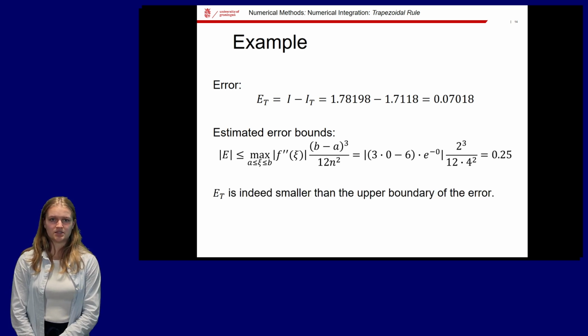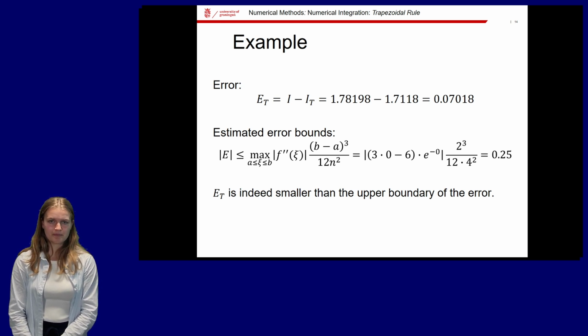So indeed we can see that the error that we obtained using our trapezoidal method is smaller than the upper boundary of the estimated error.